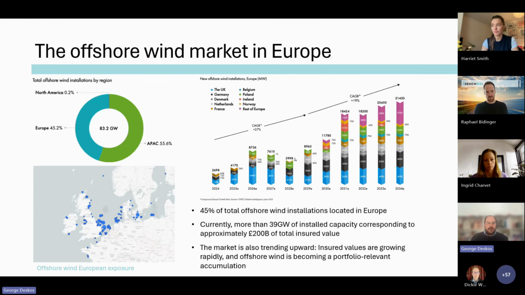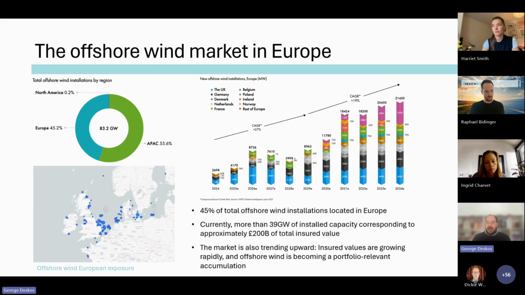Maybe something that some people know, some people don't, but the offshore wind market in Europe is one of the largest in the world. It covers approximately 45% of the global offshore wind installation, and you can see the rest is mainly in Asia. There's a little bit in North America.